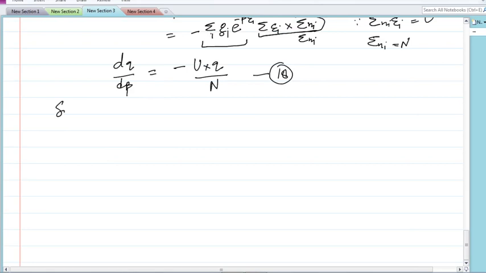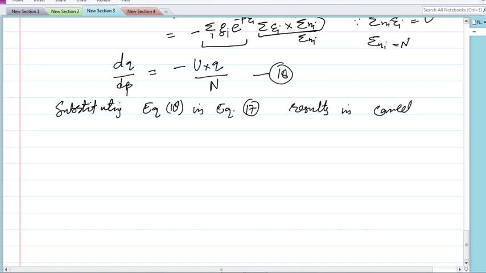Now, substituting this equation 18 in equation 17 results in basically the cancellation of the first term and the last terms.